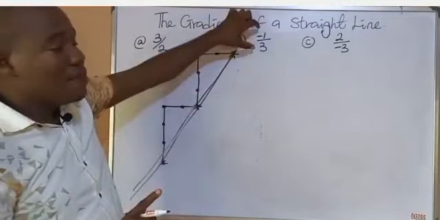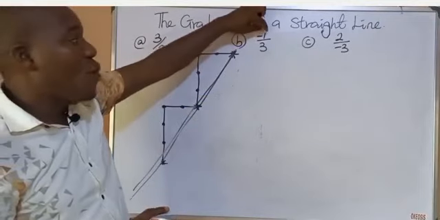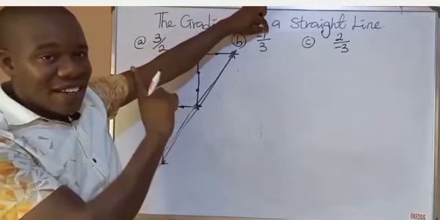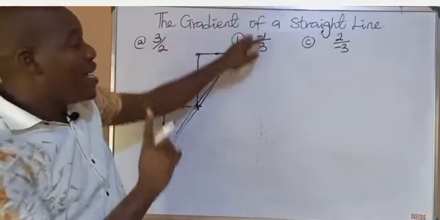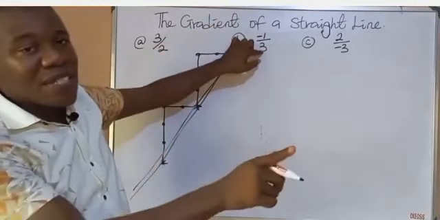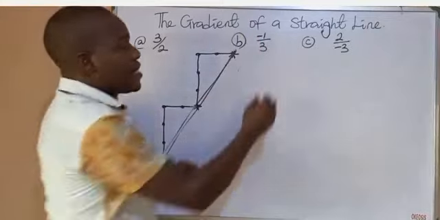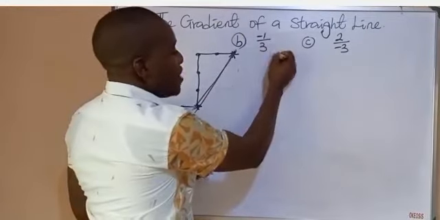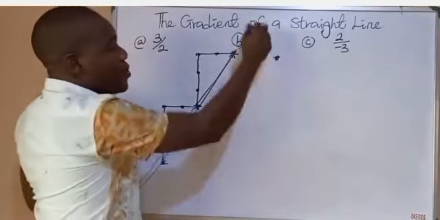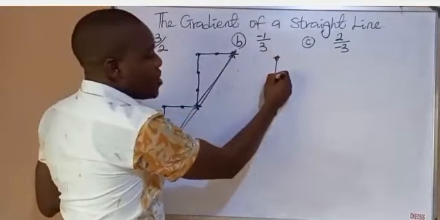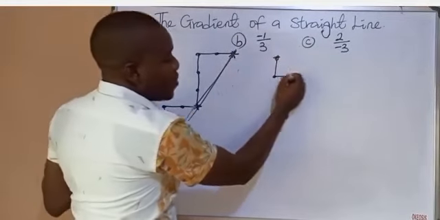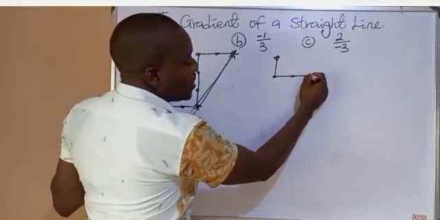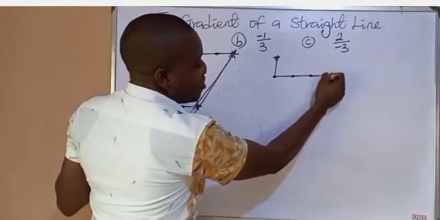So this particular line falls by 1 unit on the y-axis and then moves forward by 3 units on the x-axis. So if we start from here, it will fall by 1. It will move 1 step down, and then it will run by 3, 1, 2, 3. So the next point will be somewhere here.